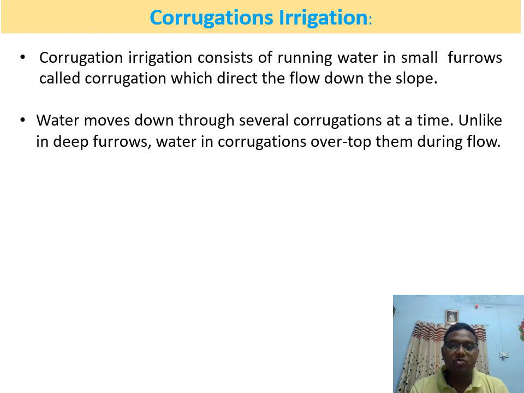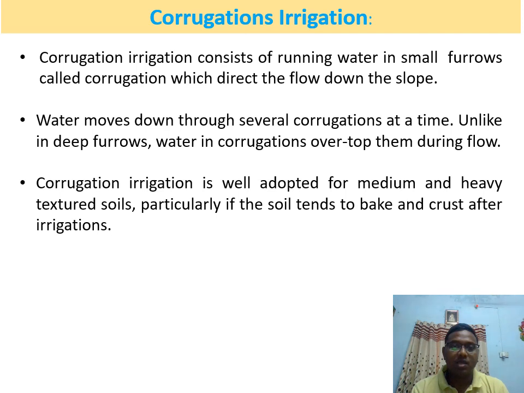The water moves through several corrugations at a time. Unlike in deep furrows, water in corrugations overtops them during the flow. Corrugation irrigation is well adapted for medium and heavy texture soil, particularly if the soils tend to break and crust after irrigation.